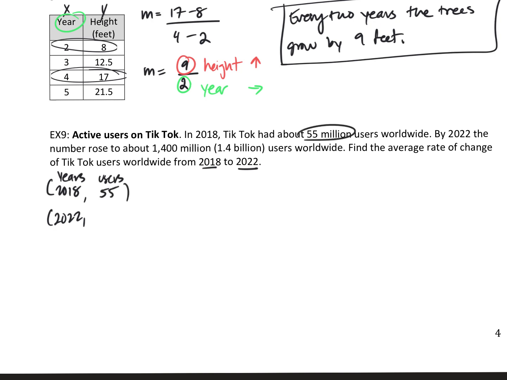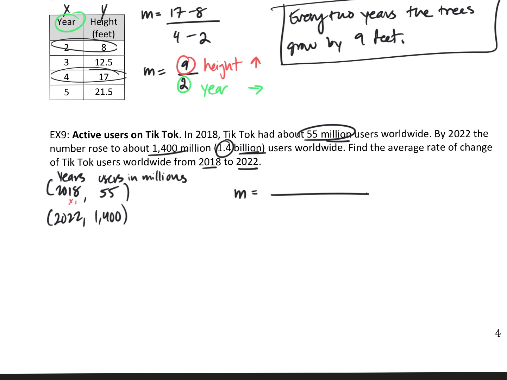We'll just stick with 55. And in 2022 we had 1,400. Careful not to use the 1.4 because that would be a different unit with the million and billion. You got to stick to the same unit. So yours is in millions. So here we have the 2 points we're going to use. So let's go ahead and use that to find the slope.